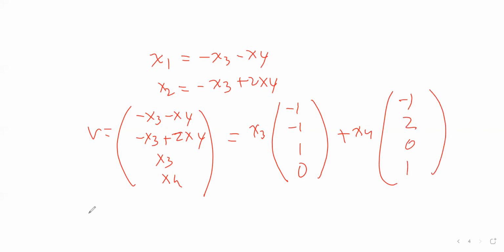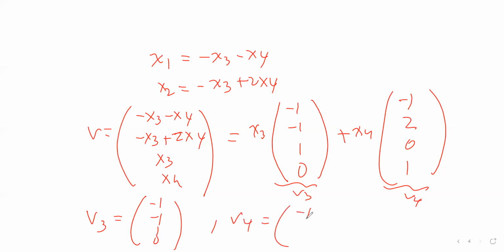So then the third eigenvector is v3, and this is going to be v4. So v3 is -1, -1, 1, 0, and then v4 is -1, 2, 0, 1.